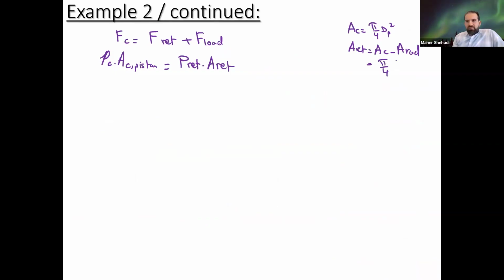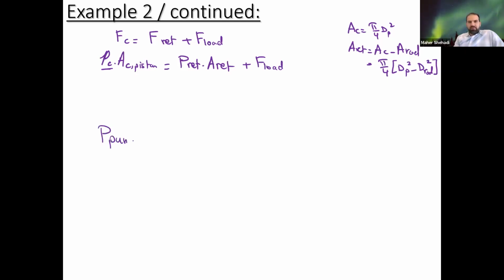That would be pi over 4 d piston square minus d rod square, plus F for the load. So I can find then P on the cap side. Okay, why do we need that? Because I'm looking for P pump, and we'll come back to that.